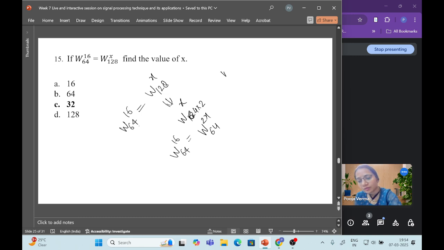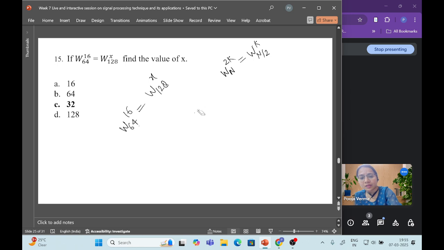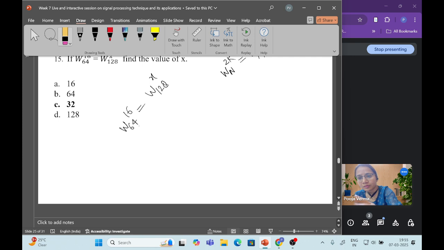just a minute, Wn 2k is equal to Wk n by 2. Okay, from there here you can write it. So 2x will be there. To make it equal, here x we don't know. That x we don't know, right?